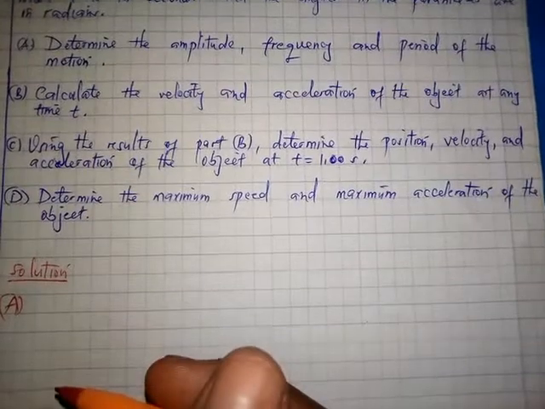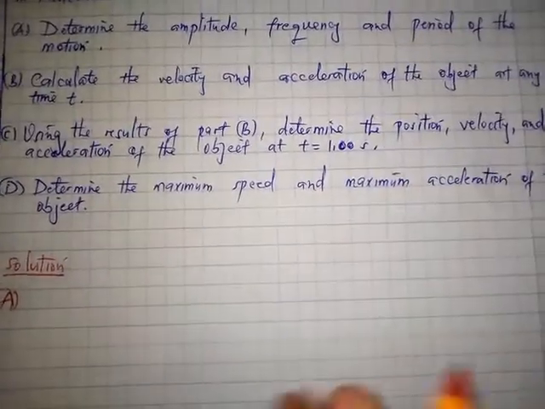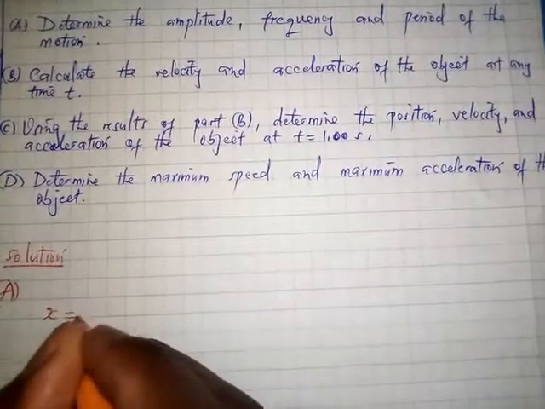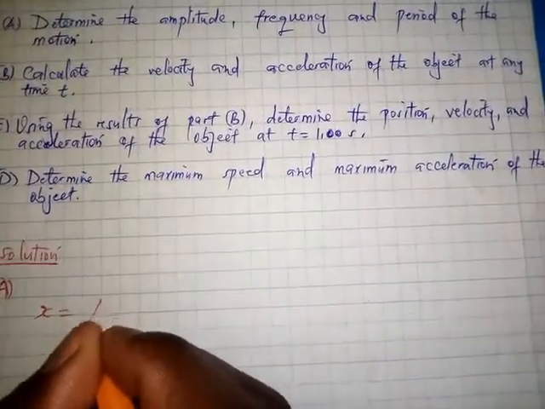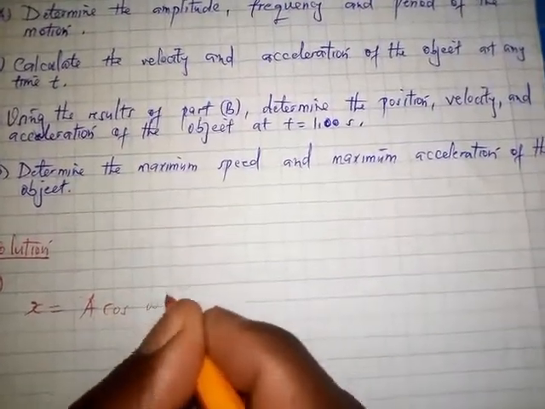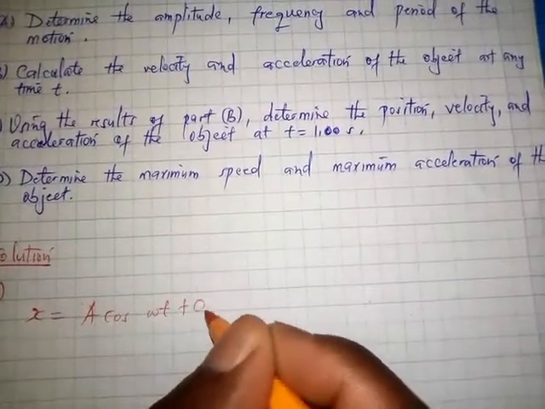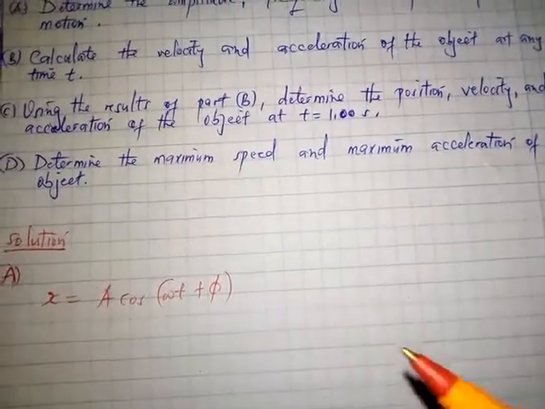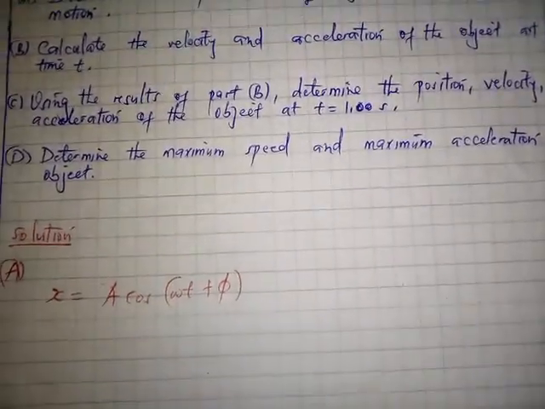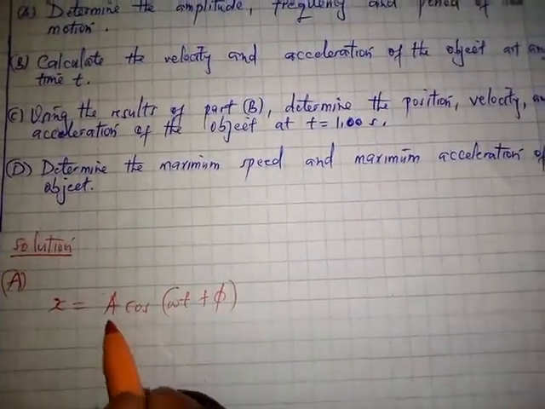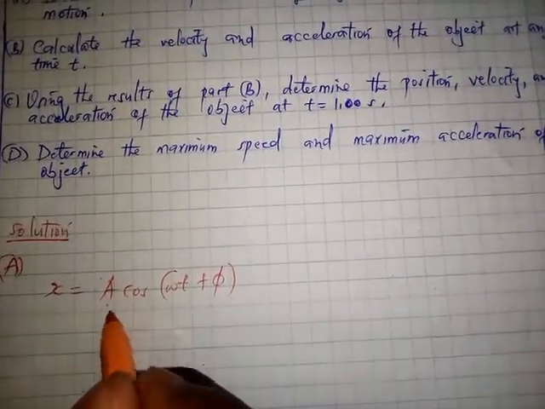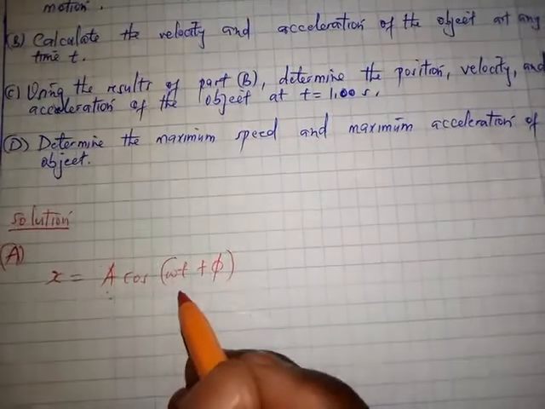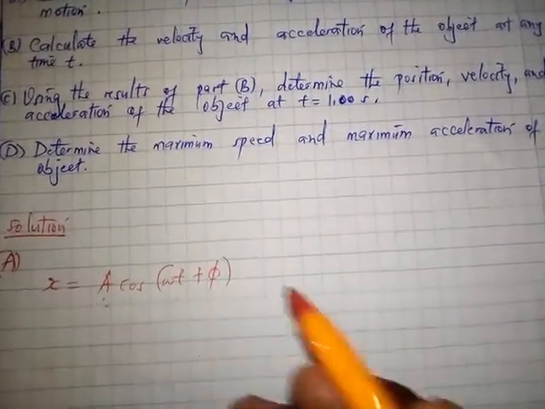The general equation is x = A cos(ωt + ψ), where A is the amplitude.